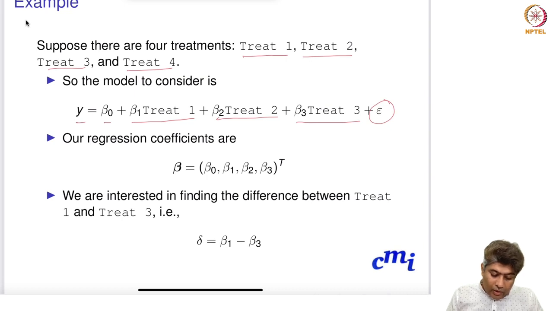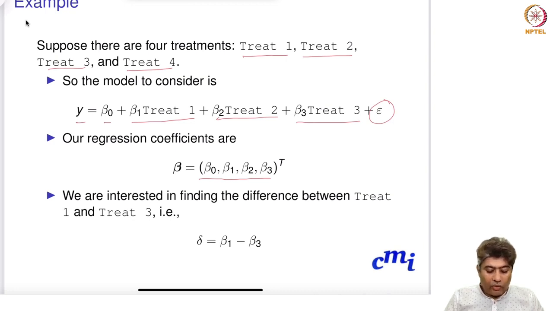Now our regression coefficient beta is beta naught, beta 1, beta 2, beta 3. This is the regression coefficient. Now what is treatment 1? As discussed last time, this is one hot encoding.